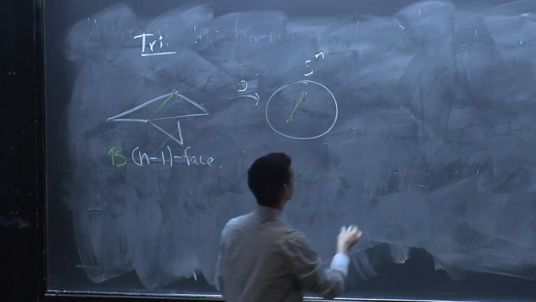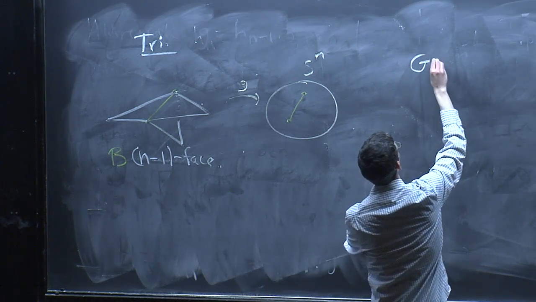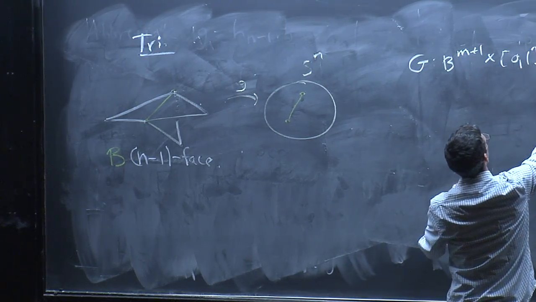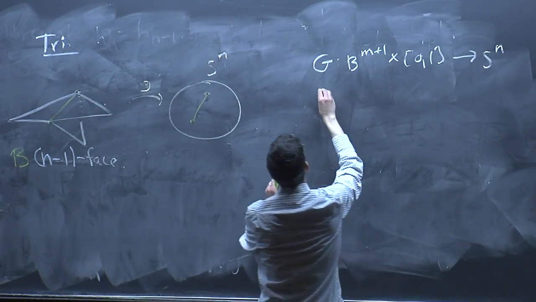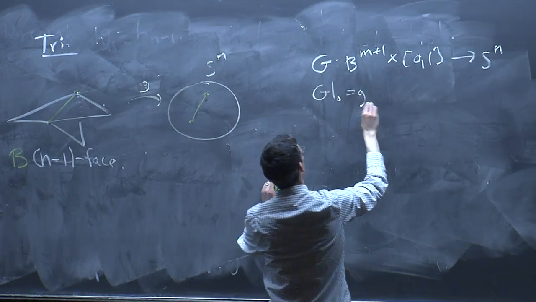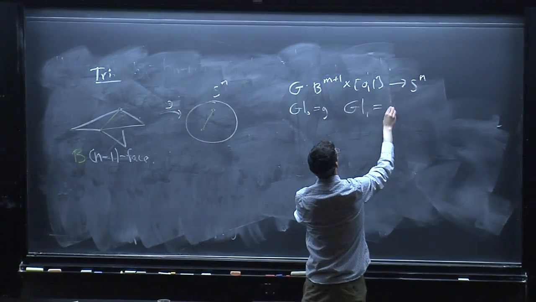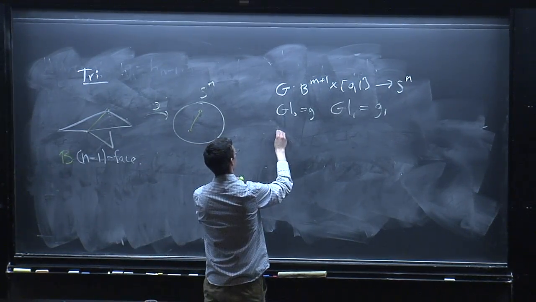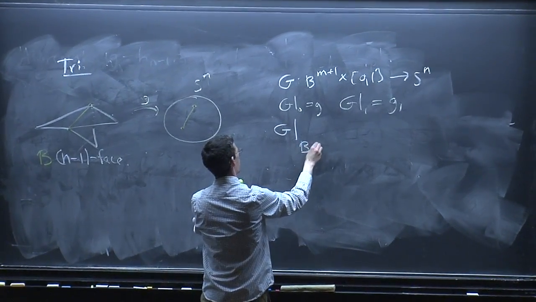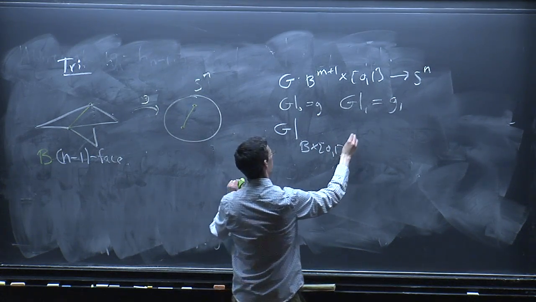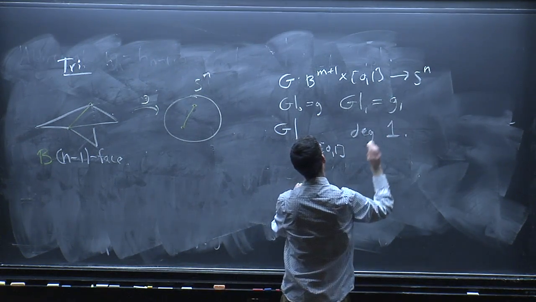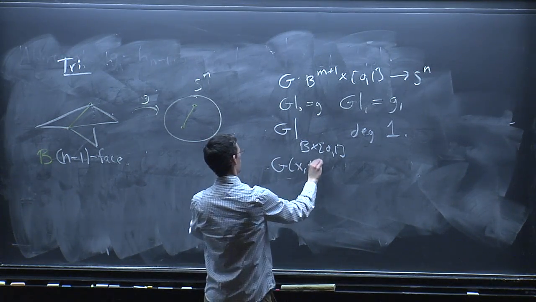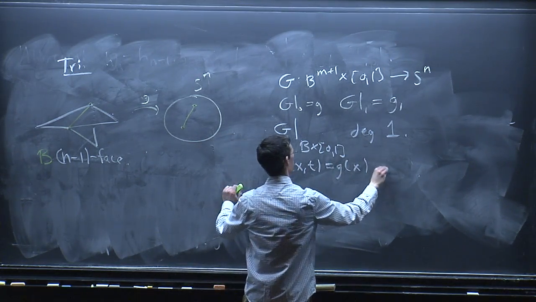So in words, I'll have capital G goes from Bm plus 1 cross 0, 1 to Sn. Capital G at time 0 is little g. Capital G at time 1 is a new map, little g1. And if I take capital G on this edge cross 0, 1, it has degree 1. And capital G of xt is just little g of x on a whole bunch of places.